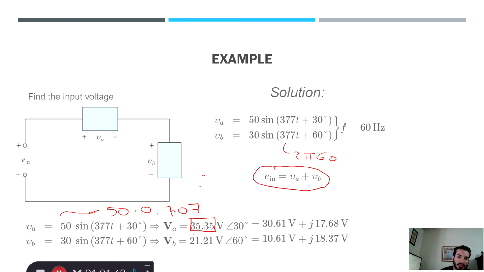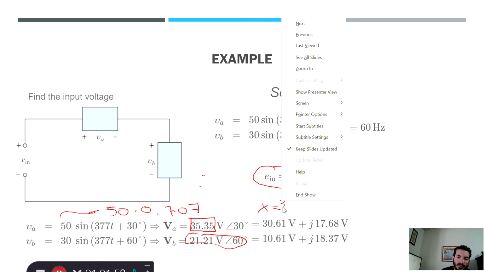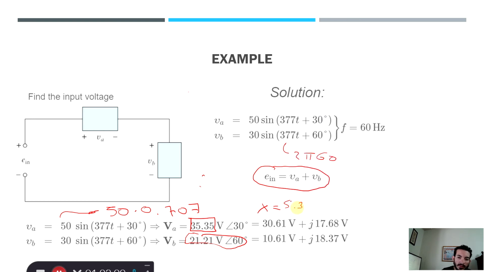As we saw before, it's simpler if you transfer those polar coordinates into rectangular coordinates, and we can do that by saying the x component is 35.35 times cosine of 30, and the imaginary part is j times 35.35 sine of 30.